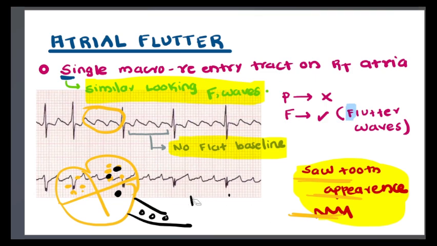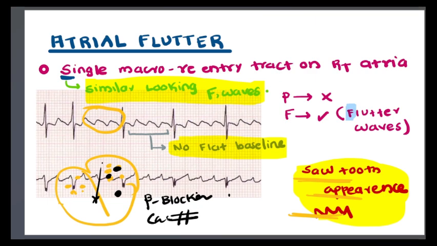So if we diagnose a patient with atrial fibrillation, first we will control the rate. Rate control means controlling the number of impulses going from atria to ventricle. We do this by giving medications like beta blockers and calcium channel blockers.